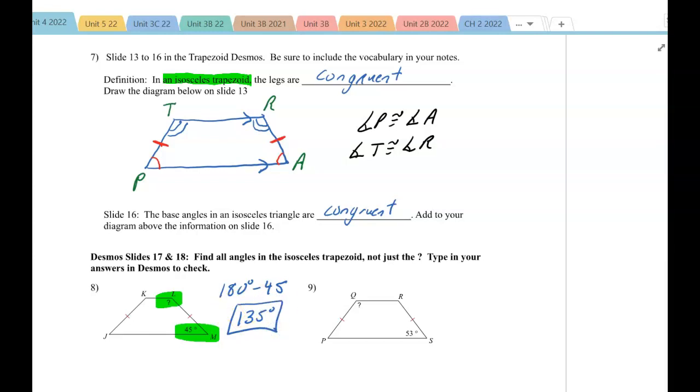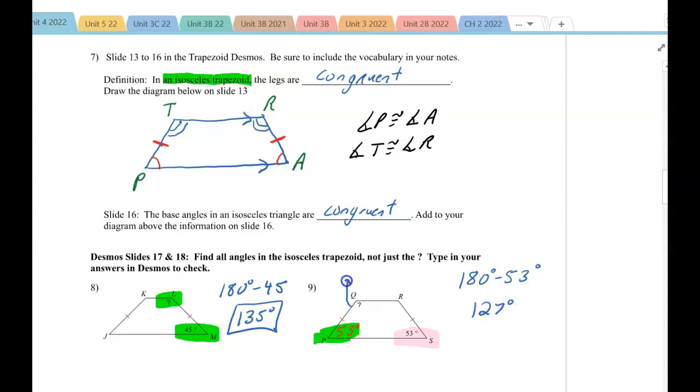Now using the isosceles trapezoid, if angle S is 53, that means angle P is also 53. Now I could figure out angle Q because angle Q and angle P add up to 180 degrees. So 180 minus 53, doing that on my calculator, I'll get 127 degrees.